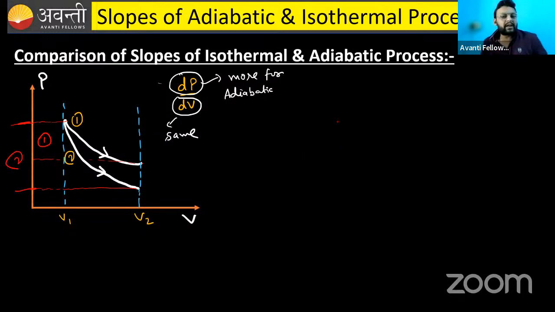So in which case is pressure changing more? You will say in the second case pressure is changing more. So if in the second case pressure is changing more, then the second process will be adiabatic, and the first will be isothermal.